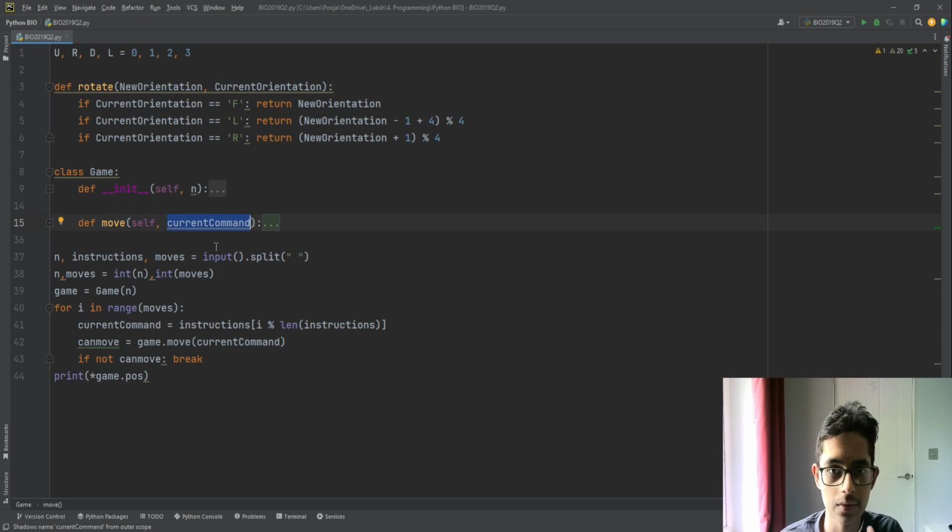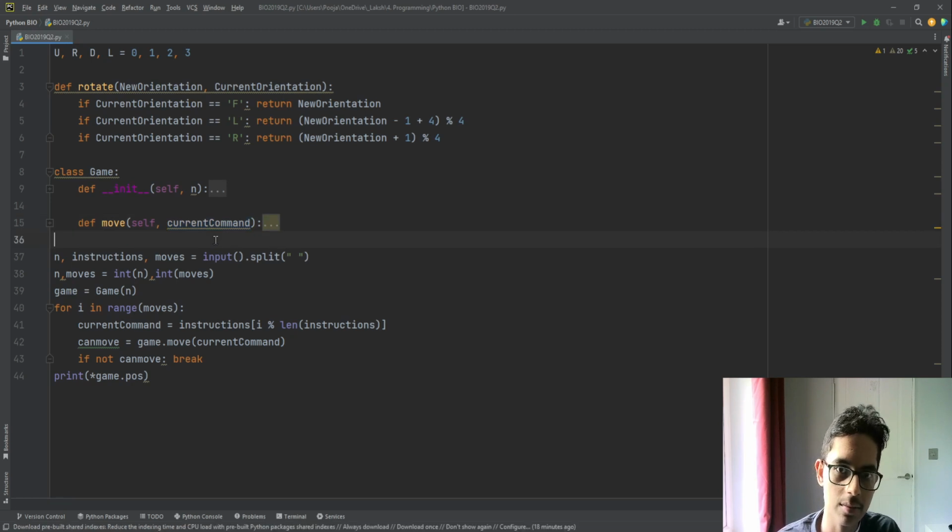So let's say the command is forward, so it will move the player forward. However, there are a bit more intricacies, since if the cell in front of it is already taken, then this move function will return another move function call, and instead of having forward as the command, it's right. So this move function takes care of each move.